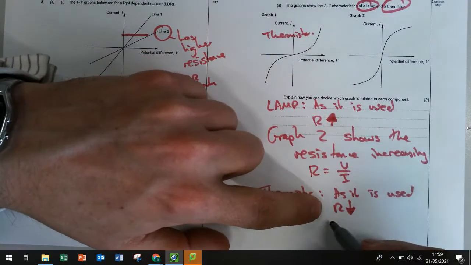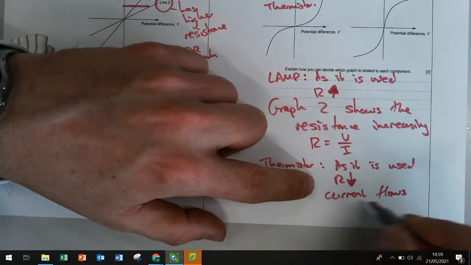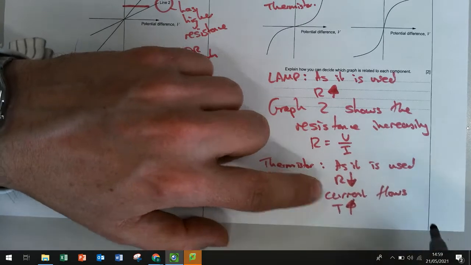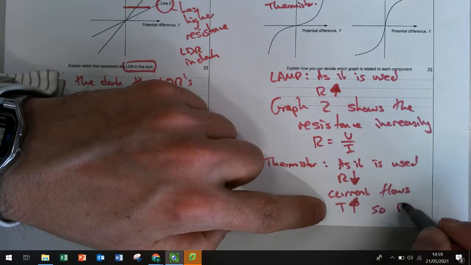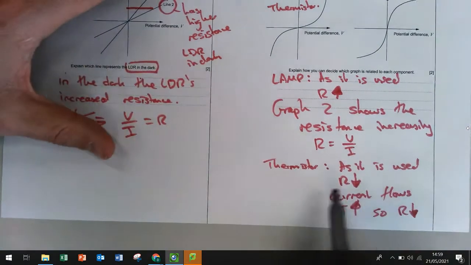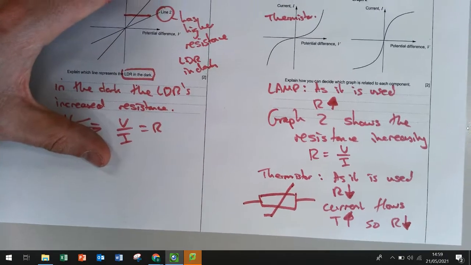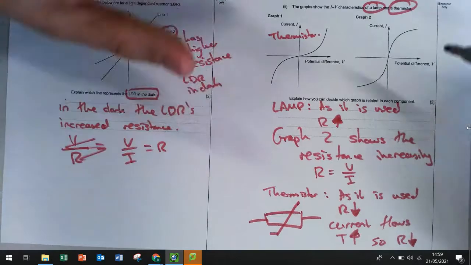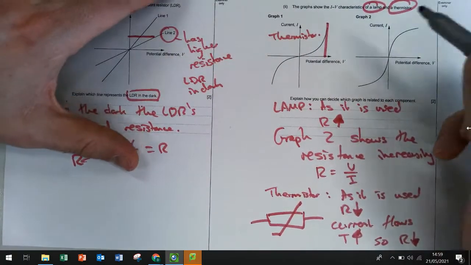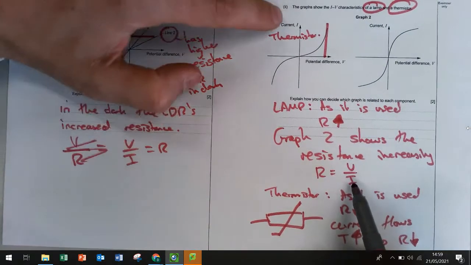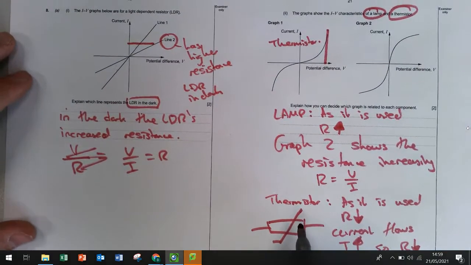As current flows through it, the temperature increases, but because it's a thermistor, that means that the resistance goes down, because a thermistor is a special component where, as the temperature increases, the resistance decreases. And here we can see that for a value of potential difference, the potential difference is not increasing, but the current is increasing. So this fraction is getting smaller and the resistance is going down.